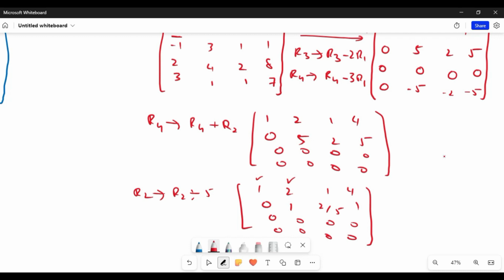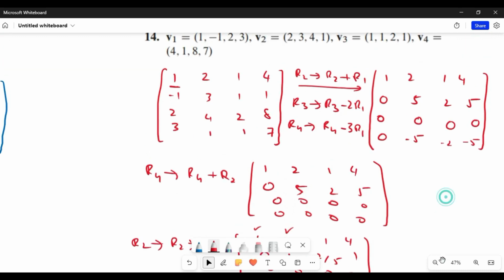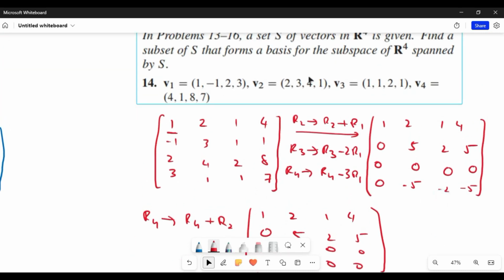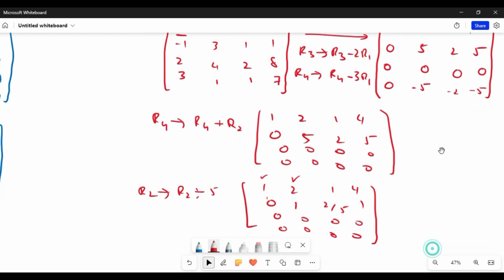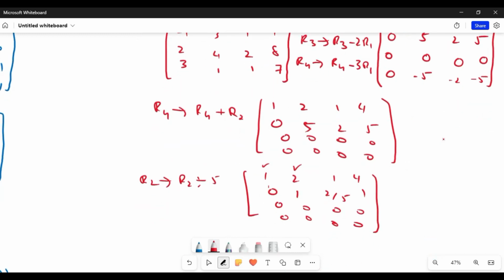If we figure out the leading elements, we can go and pick from the columns. There are only 2 linearly independent rows, so there will be 2 independent columns. The first 2 columns have leading elements. Go back, V1 V2 will form a basis. So this element need not be 0. We don't need to convert this element to 0. It is enough to identify leading elements in every row.